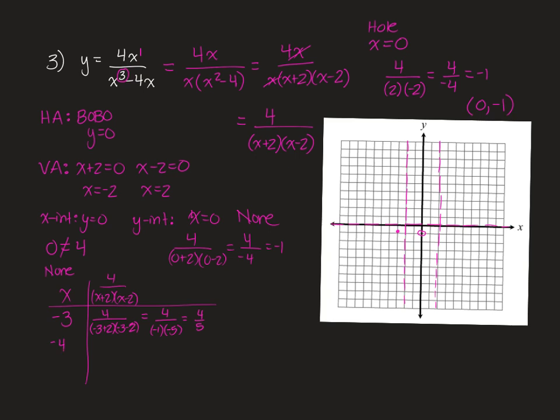Let's look at negative 4. If I have 4 over negative 4 plus 2 times negative 4 minus 2, you get 4 over negative 2 times negative 6. So we get 4 over 12, which reduces to 1/3.